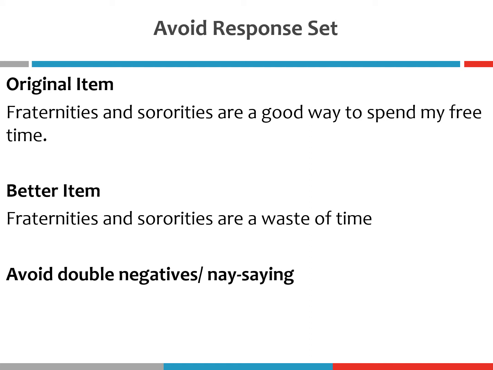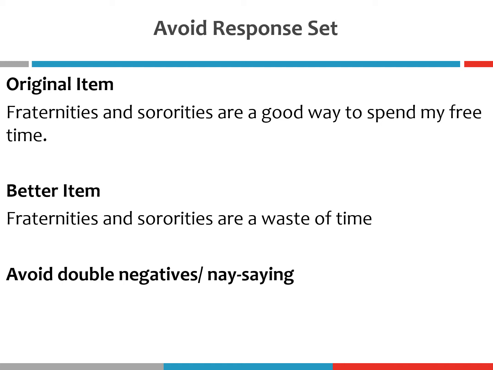Another thing that you want to avoid is double negatives or naysaying, right? So you don't want to just add a not in there. Our original question was trying to assess whether our respondent believes that fraternities and sororities are a good way to spend their time, right?